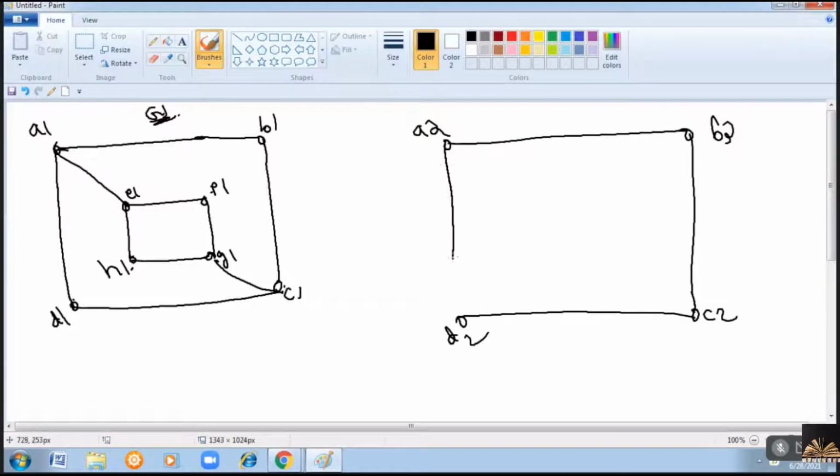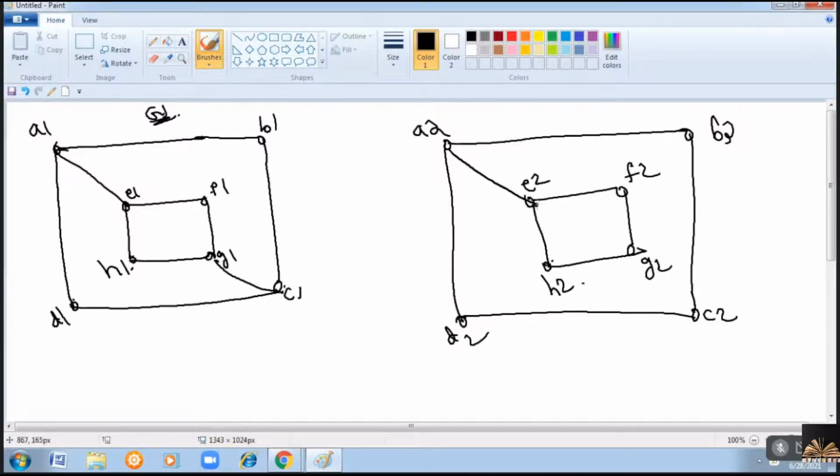G2. You please do this and tell me whether these graphs are isomorphic or not. Do it, make it fast.